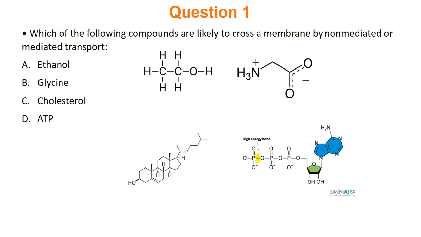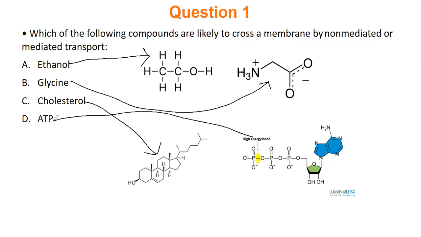So look at these molecules and ask, do you think you need a pore or mediated transport for this, or can it be non-mediated? Take a minute and try to figure that out, and then I'll go over the answers. The molecules are ethanol, glycine, cholesterol, and ATP.